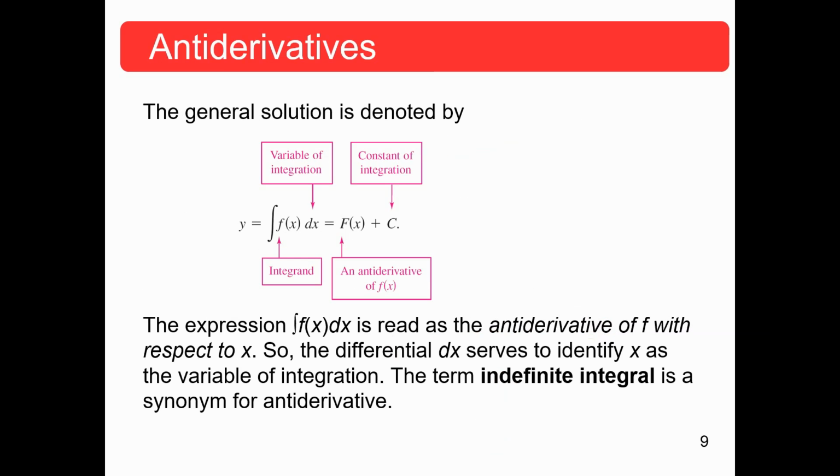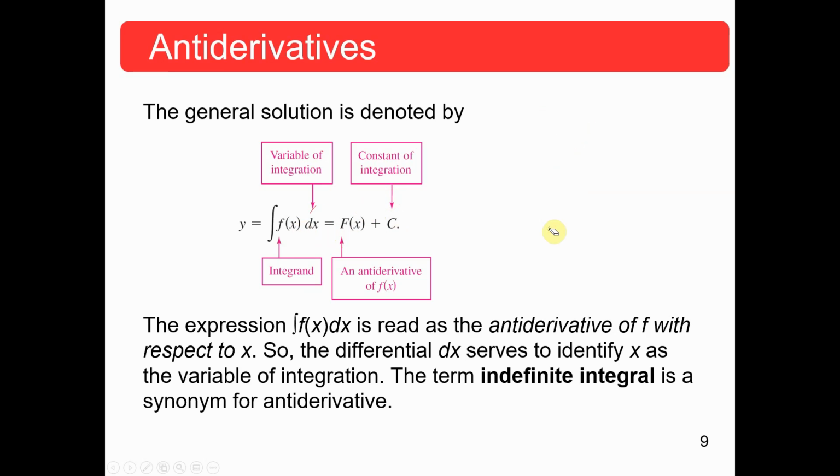Okay? So the general solution is denoted by the integral of f of x dx, because the integral of dy is just y. What gives us the differential dy? Well, y does. When we integrate dy, we get y. Same thing over here. If we integrate f of x dx, we get back to F of x plus some constant of integration.